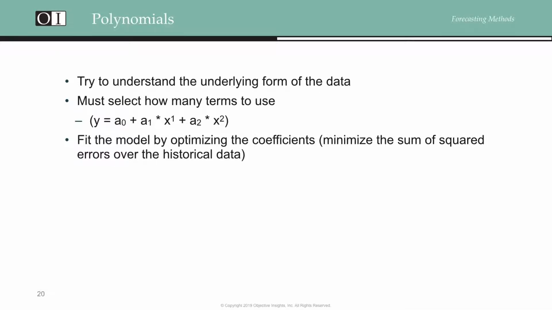So again, like linear regression, we're minimizing the sum of the squared errors over the historical data. Polynomials can be great for trending, but they can also be dangerous because of nonlinearity. Within the period where you have historical data, you might get a very well-behaved model. But as soon as you go a couple months into the future, you can get a model that kind of goes out of control, and your trend just goes either through the roof or through the floor.